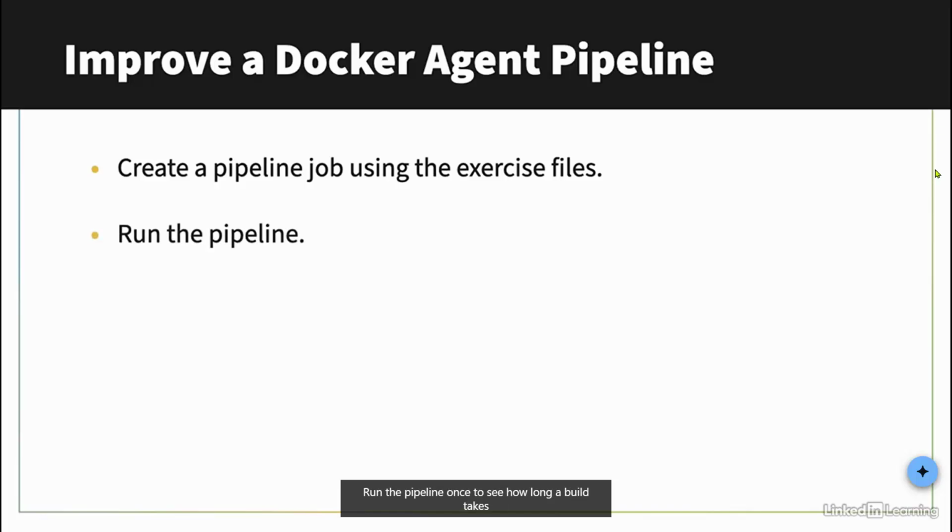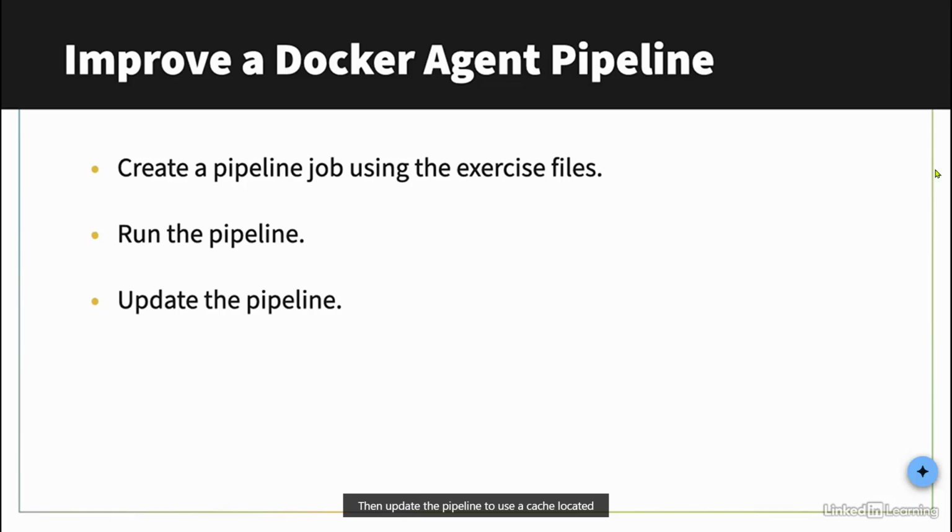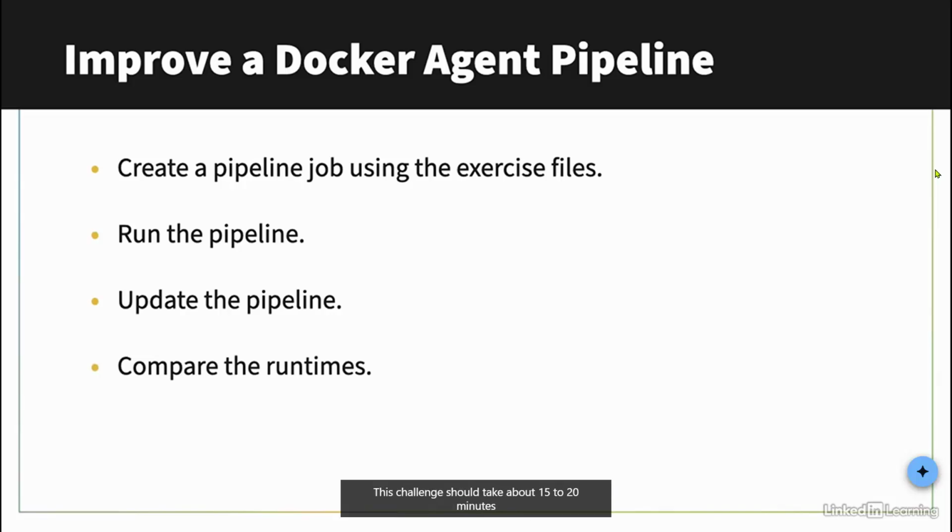Run the pipeline once to see how long a build takes without using a persistent cache. Then update the pipeline to use a cache located in the project workspace. Run the pipeline again as needed and compare the build times. This challenge should take about 15 to 20 minutes to complete. After you improve the pipeline, join me in the next video for the solution.